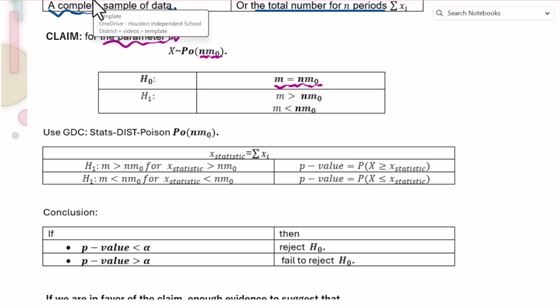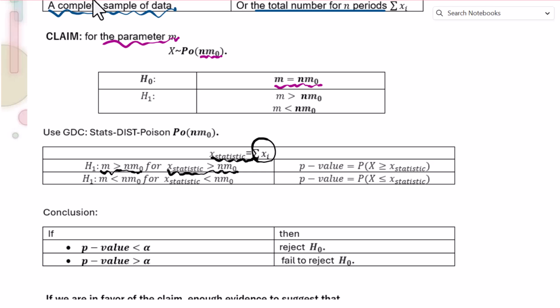The X statistic equals the summation of the observed frequency. When X statistic is greater than n times M0, for H1, M greater than n times M0, the p-value equals the probability of X greater than or equal to the observed frequency.